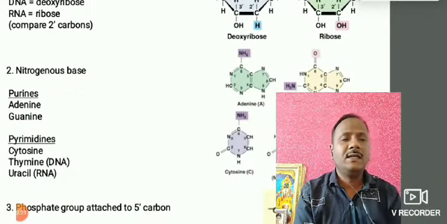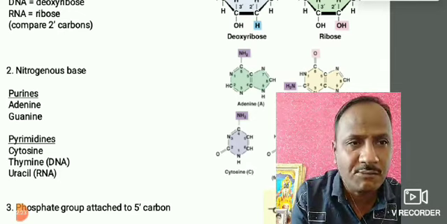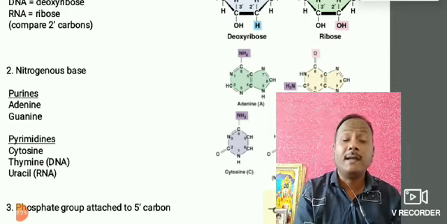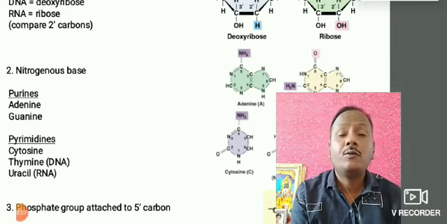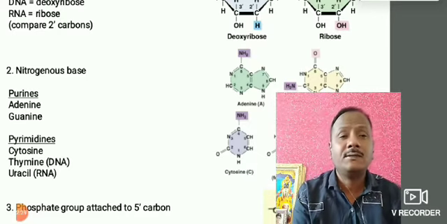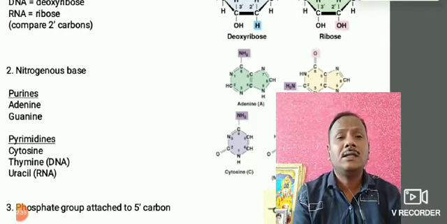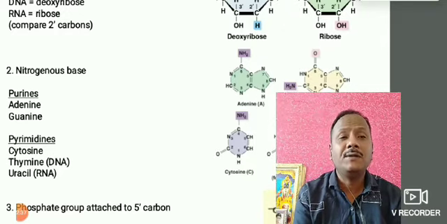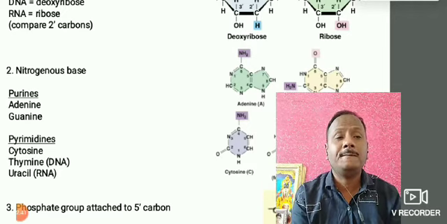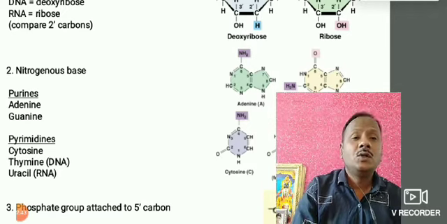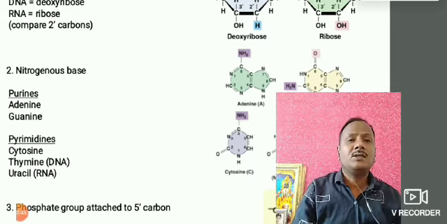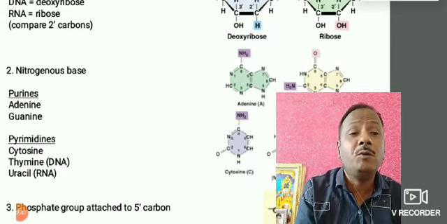Apart from that, nitrogen bases: in case of DNA 4 nitrogen bases are present, and in case of RNA also 4 nitrogen bases are present. But in DNA thymine is present, and in place of thymine, uracil is present in RNA.